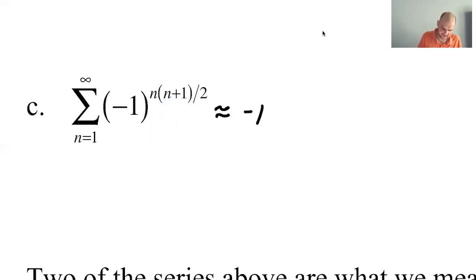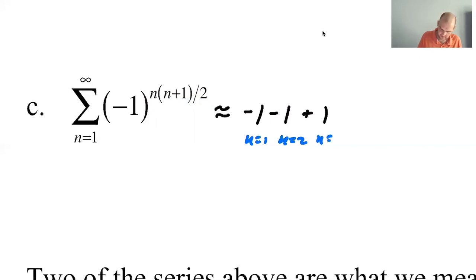And then if n is 2, we get 2 over 2, which is just 1, so we get negative 1 to the third, so that's minus. If n is 3, we get 4 divided by 2 is 2 times 3 is 6, so that's positive.